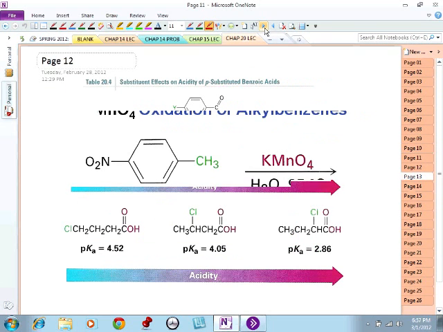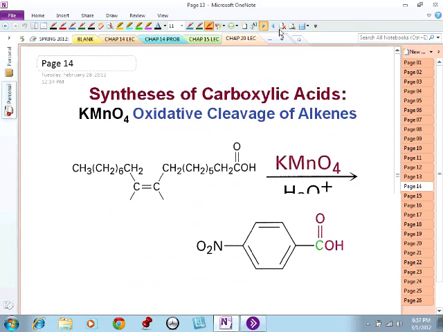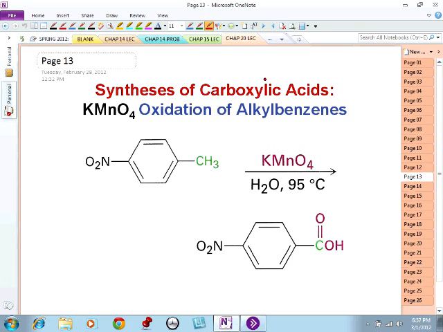You will find when it comes to the synthesis of carboxylic acid, most of this we've done already. Is this familiar to you? Anytime you have an alkyl group attached to benzene and you have this reagent here, as long as that carbon attached to the benzene ring is also attached to a hydrogen atom, that carbon will be oxidized to a carboxyl group.